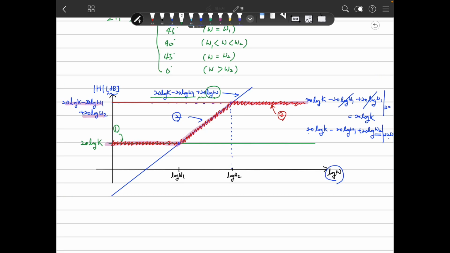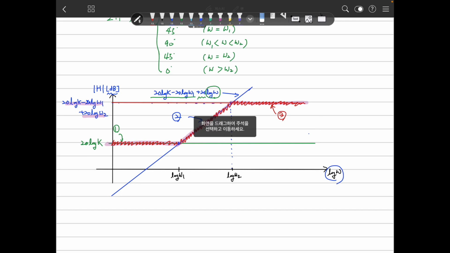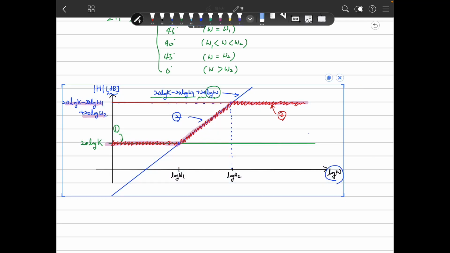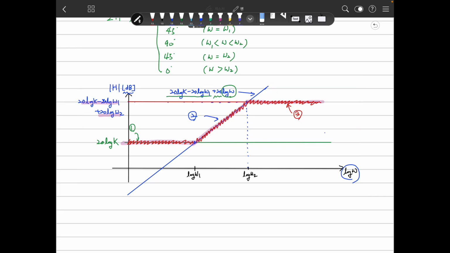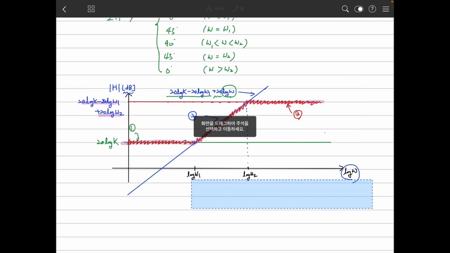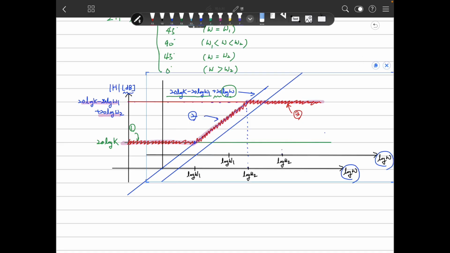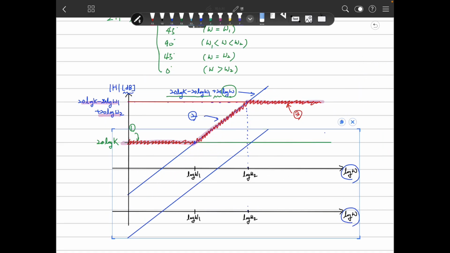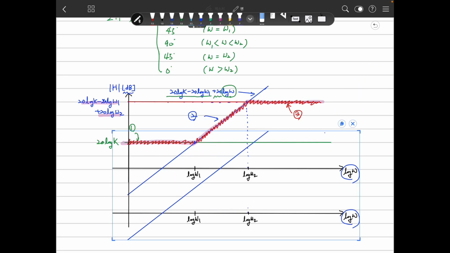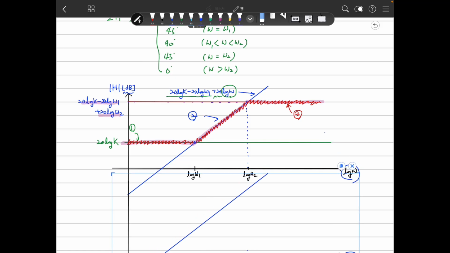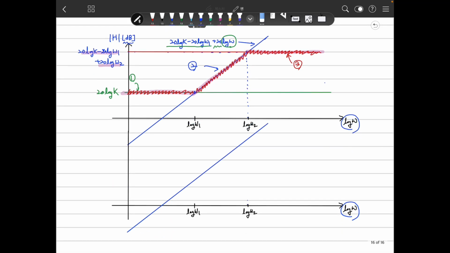This is a Bode plot of the magnitude, and we can do this here.